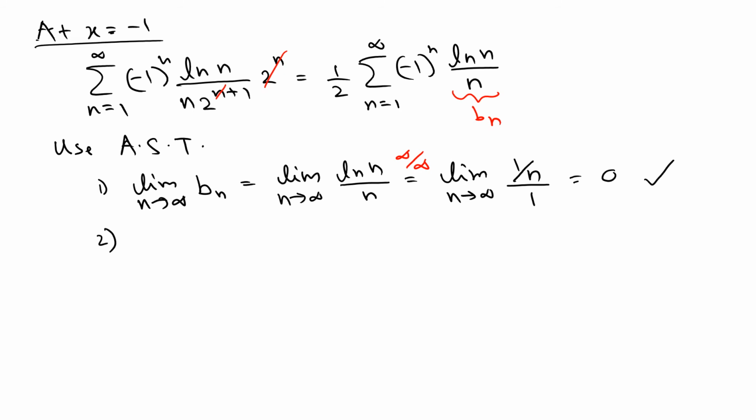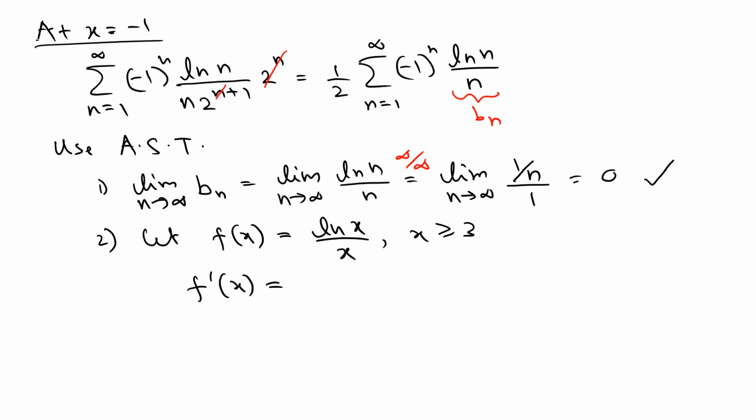For the second one, what we normally do is look at the derivative. Let f(x) equal ln x over x, for x greater than or equal to 3. Now we look at the derivative. You can see that this is a quotient rule, with the quotient being u over v. The quotient rule is v u prime minus u v prime over v squared.